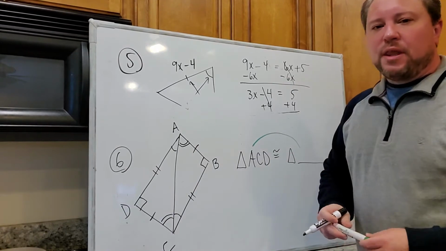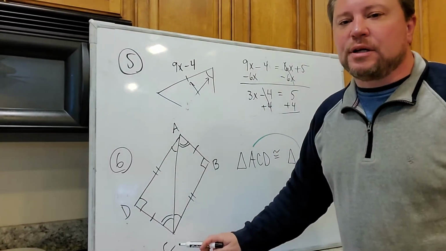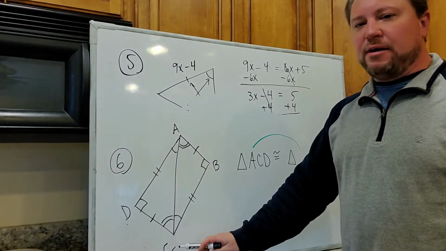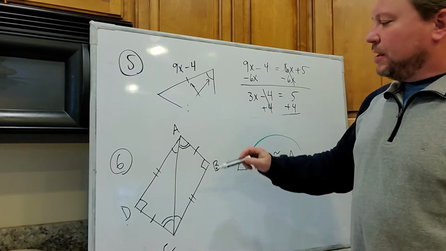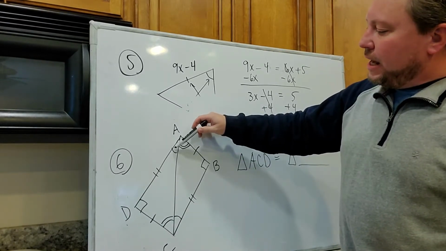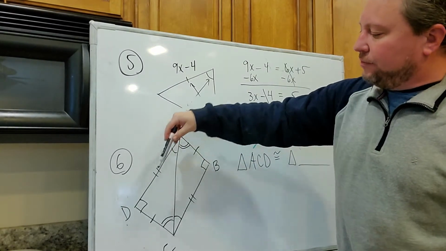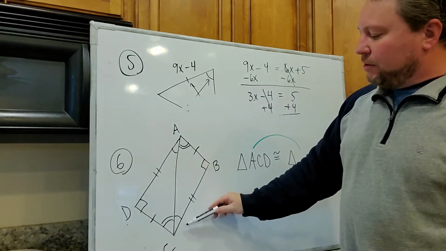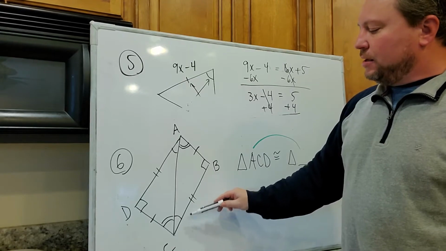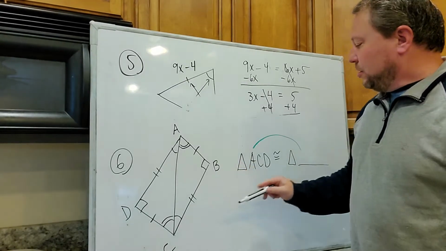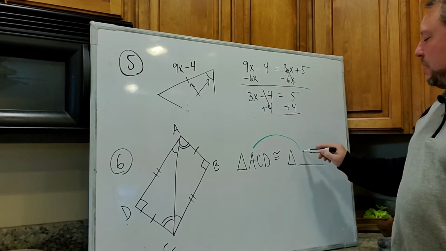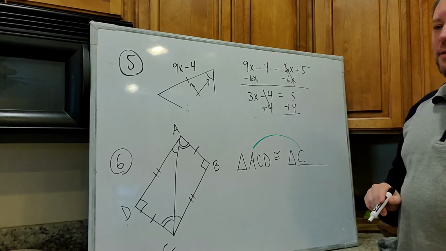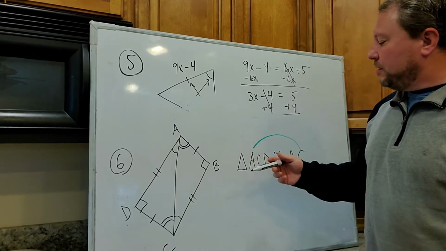Okay, so it's kind of off the picture a little bit there, but down here is angle C. Okay, but angle A on this triangle on the left, see that small angle there? It's corresponding with angle C on this triangle. So I'm going to pair my A up with my C. Okay, and then I do the same with my next letter.